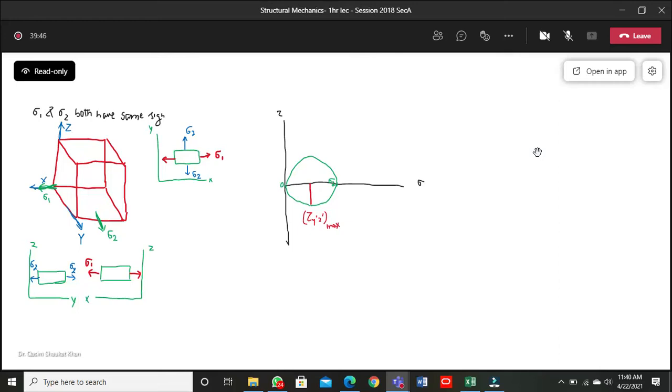Okay, now the second one is xz and you have sigma 1. So z is again 0.